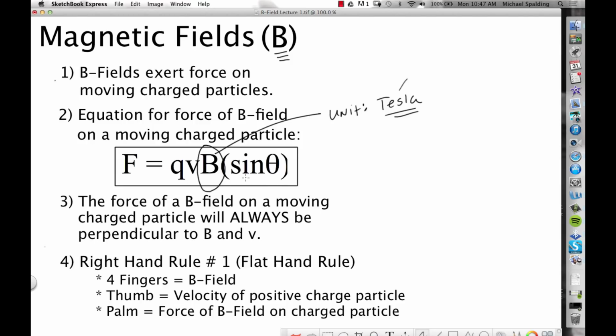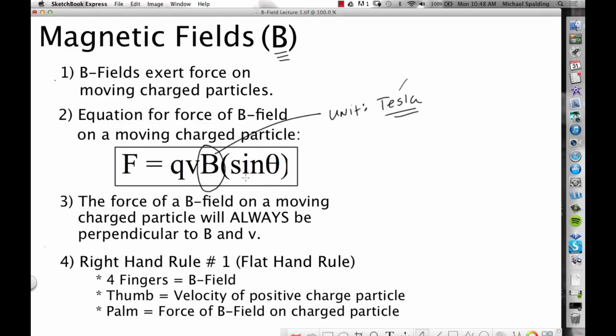Now, this chapter breaks down into two major ideas. In this lecture, we're going to be focused on the first major idea. Tomorrow, we'll talk about the second major idea. The first major idea is this: what do magnetic fields do?